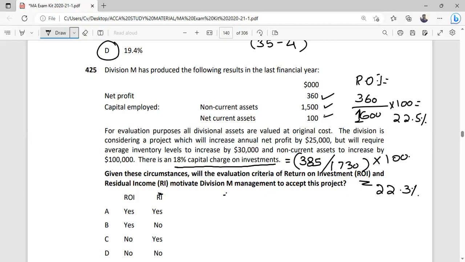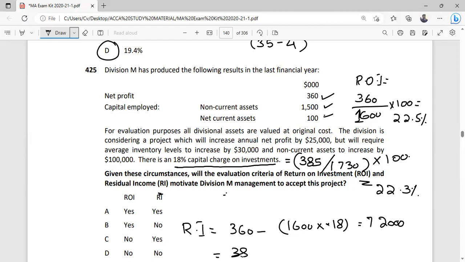Now we will calculate residual income. Today it is 360,000 minus 1.6 million into 18% cost of capital. So you can calculate residual income. Residual income now is 72,000.